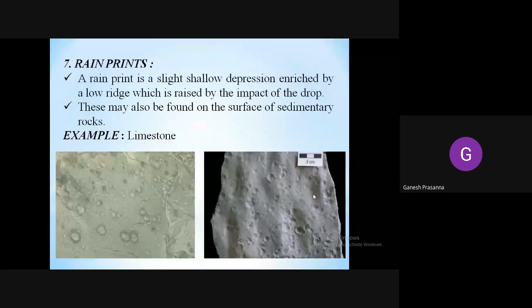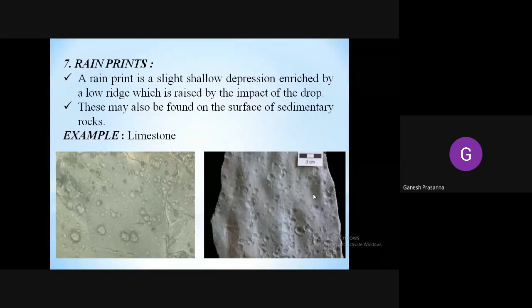Okay, so if they are well preserved in the rock, then they become the rain prints. Whenever the rain drops fall on the rock, if they are big enough, they cause some damage to the rock, some depressions. Okay, if these are preserved, they give rise to the rain prints.